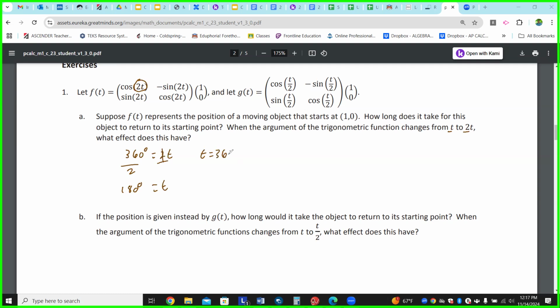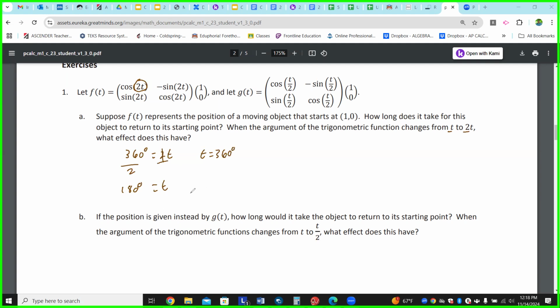360 degrees. So if I am doubling my t, what's that doing to the amount of time it takes to rotate? Halving it. It's taking half the time. If I double my degree of rotation here, it's halving the time it takes to get to the finished product.